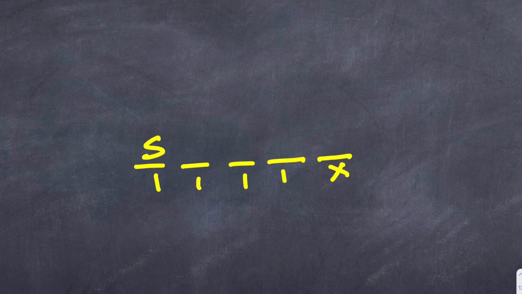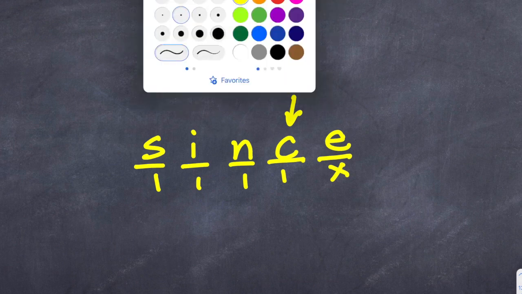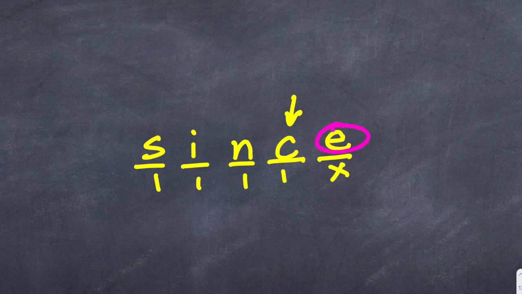Let's break it down. S, I, N, S, silent E. Now, why does this C right here not make the K sound? It's because of this E right there. So, when a C, here's the rule for this.